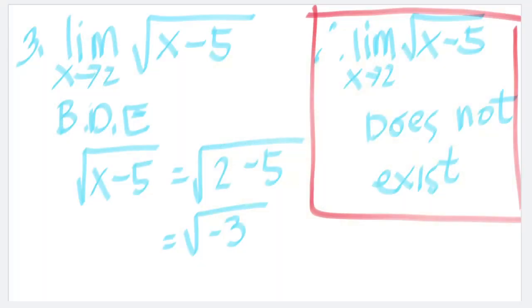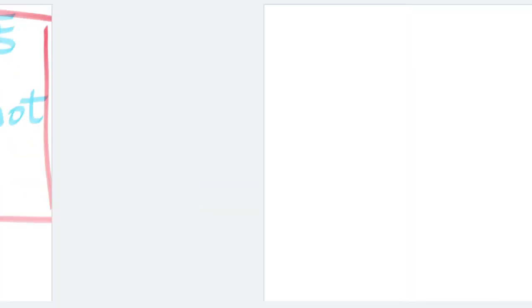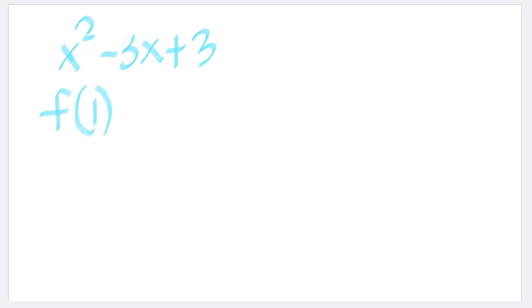Example, if you want to evaluate f of x equals x squared minus 3x plus 3, if you want to evaluate f of 1, meaning you are determining the value of f of 1 that the function exactly takes at that specific value.